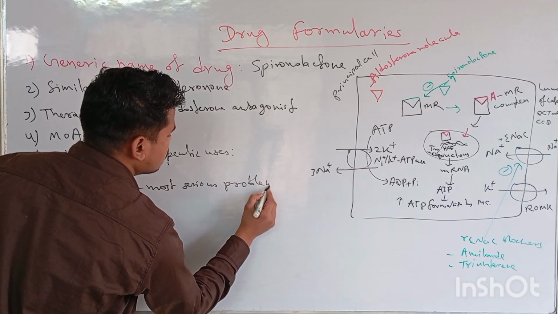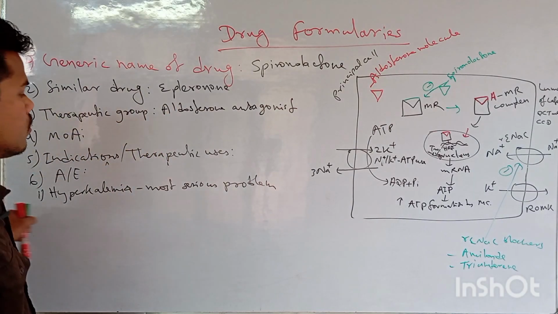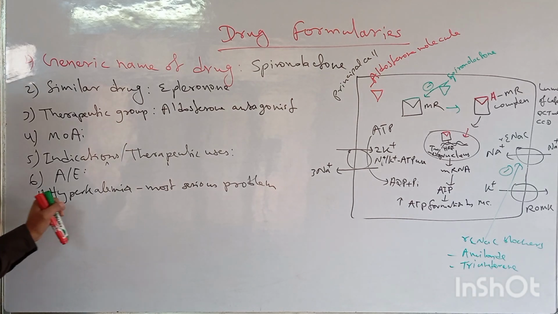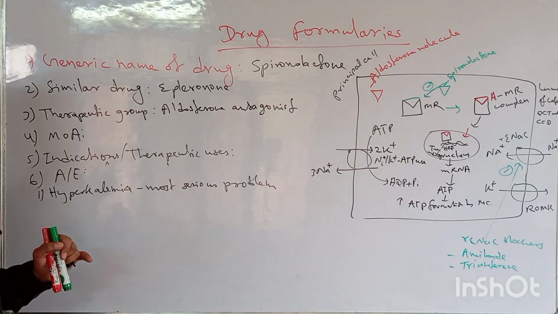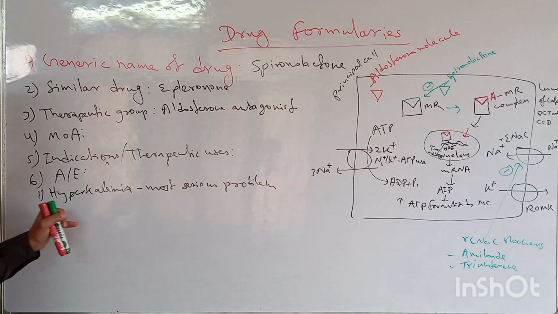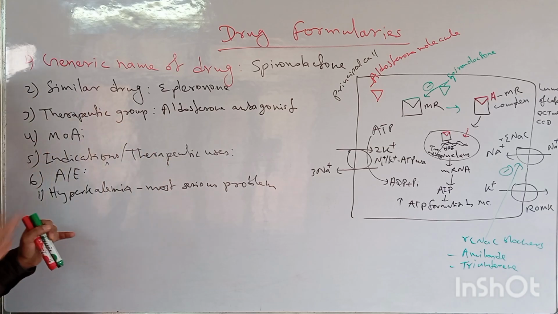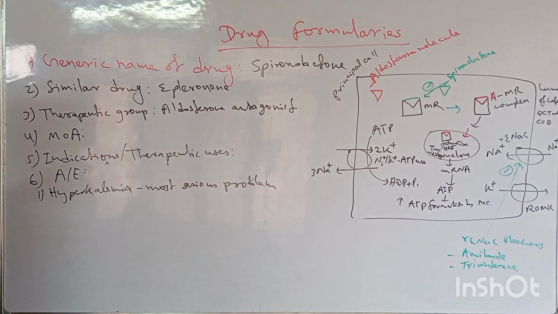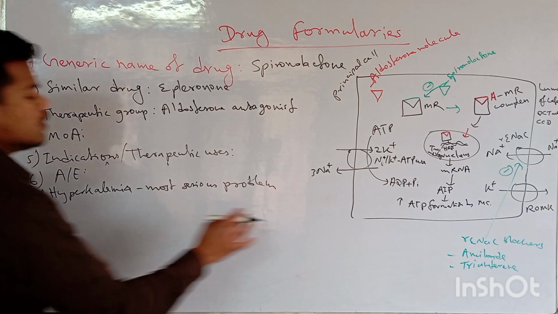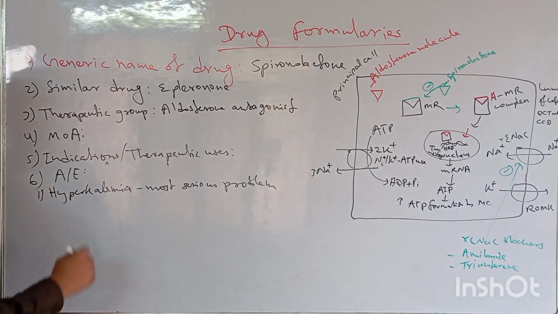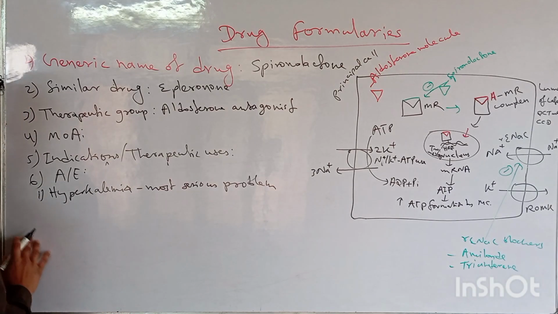If you know this hyperkalemia, even a small increase in the potassium level will lead to severe disrupted physiology of the internal environment, this will disrupt. So this will be monitored closely.